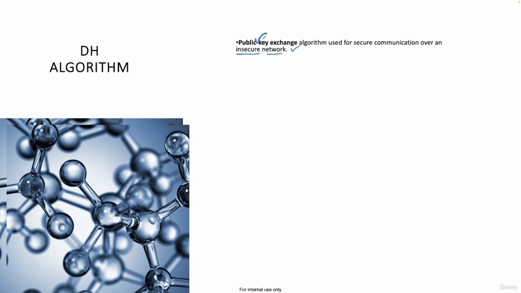But now, what is the usage of Diffie-Hellman? Diffie-Hellman helps you to have a public key exchange. It allows a mechanism in which both the parties can have the same keys, right? But the magic here is that you have to use secure communication over an insecure network like the internet, right?